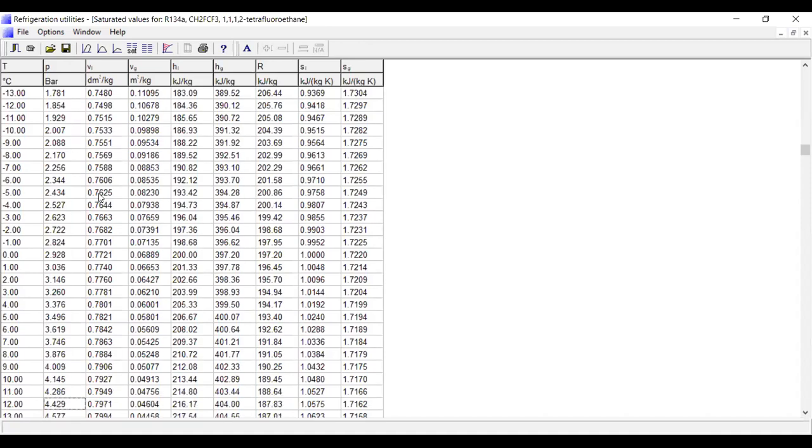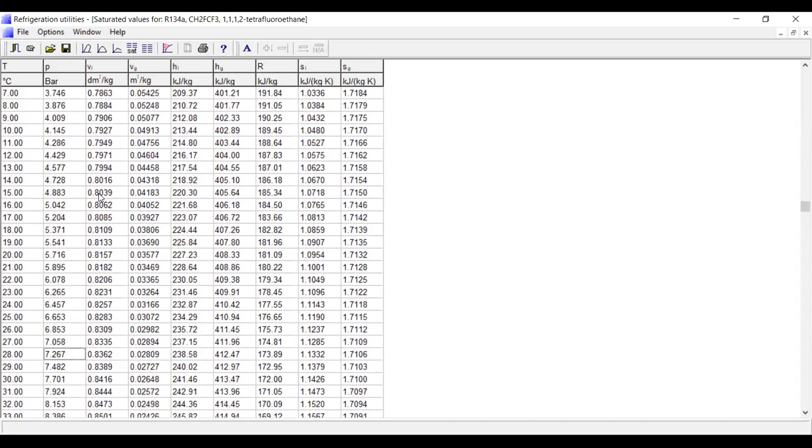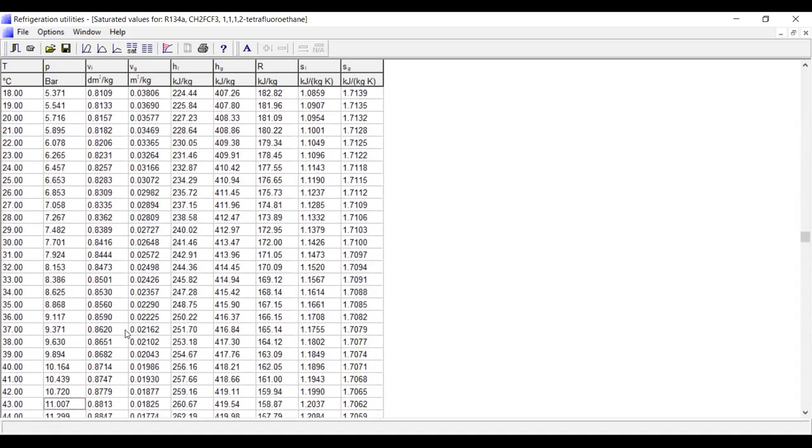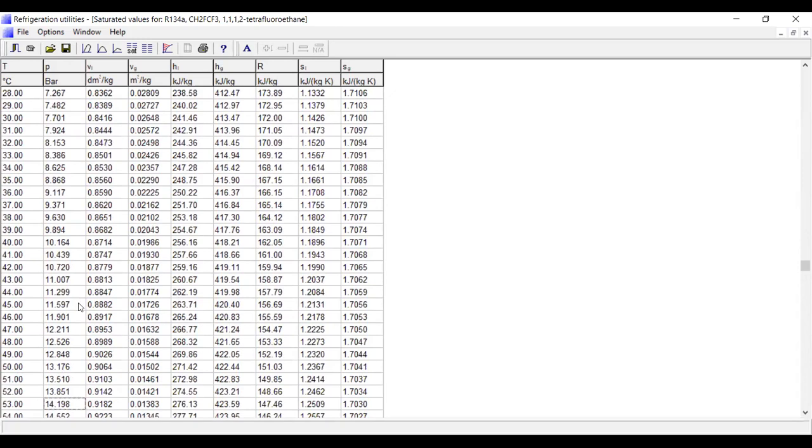This is R134A. Let's see our temperature. Room temperature is 30. R134A, what's the pressure? So at 30, to maintain vapor and liquid, you have to have 7 bar.